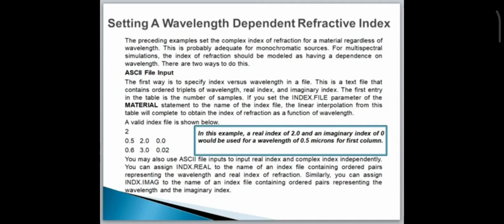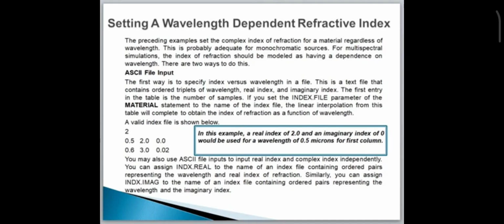If you are defining the index file for the graphene material, you can define graphene dot txt or graphene dot nk file. If you set the index.file parameter of the material statement to the name of the index file, the linear interpolation from this table will be completed to obtain the index of reflection as a function of the wavelength.